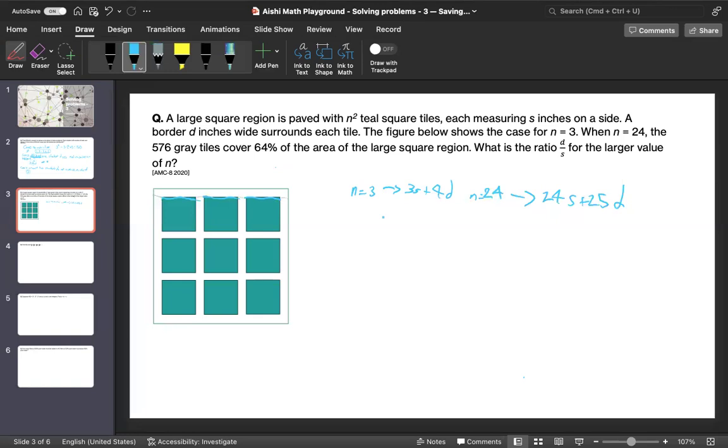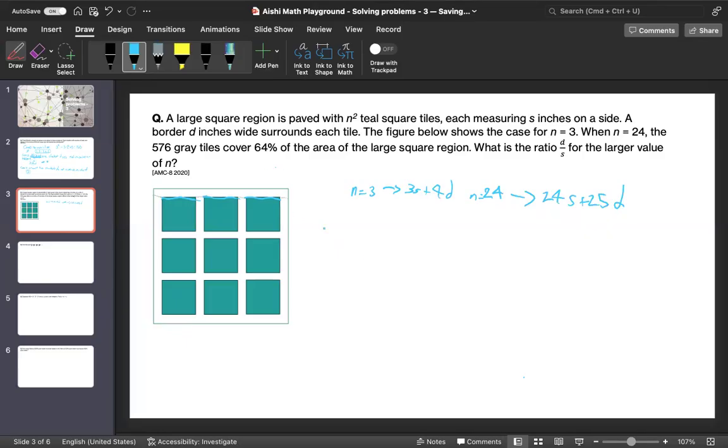So, alright, time for equations. We just gotta get away from equations when it comes to math. And I do love equations. So, 64% it says, right?